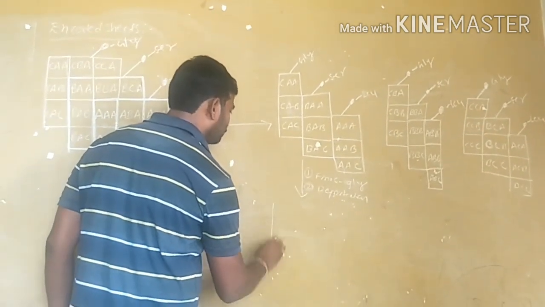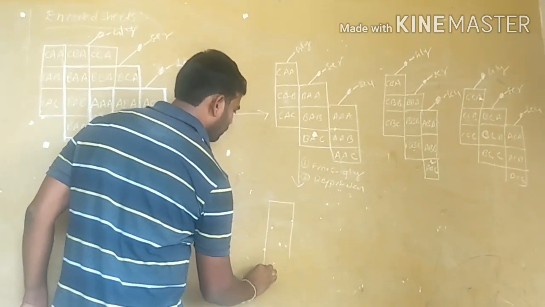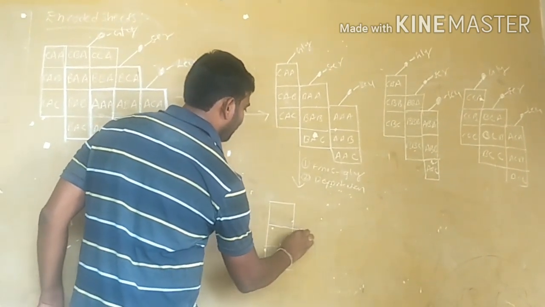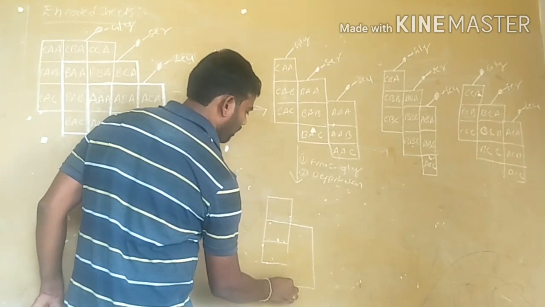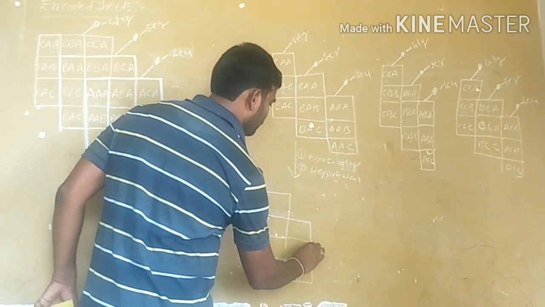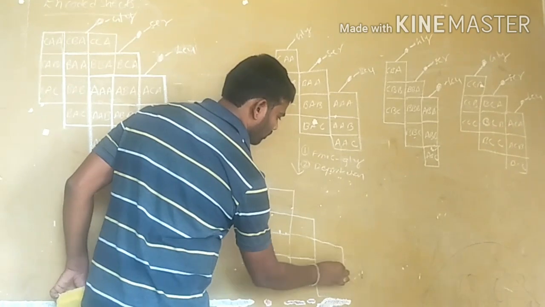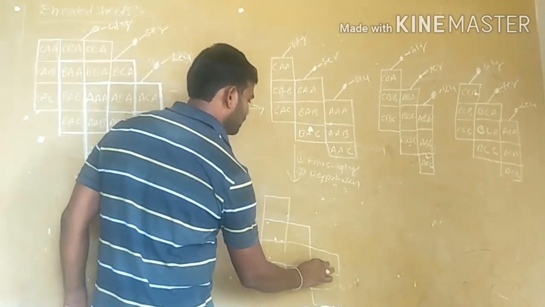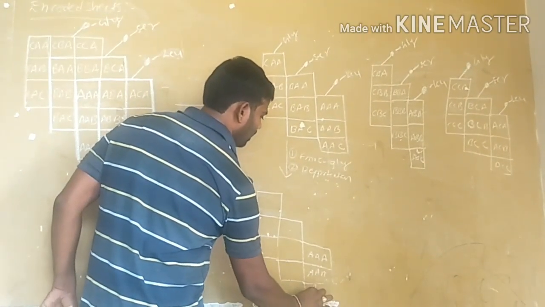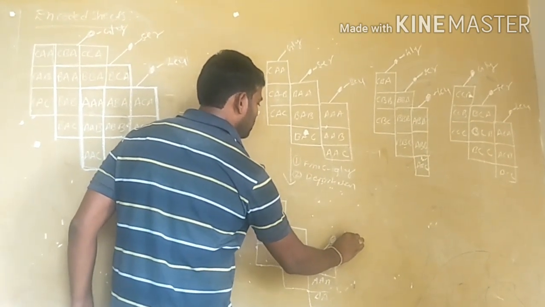Here, by adding this, this is A, B, C, with this attached amino acid leucine.